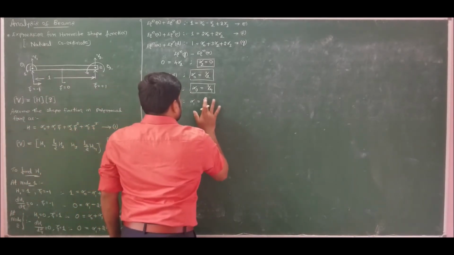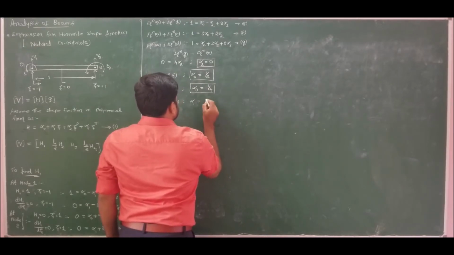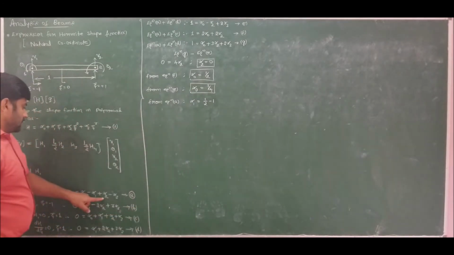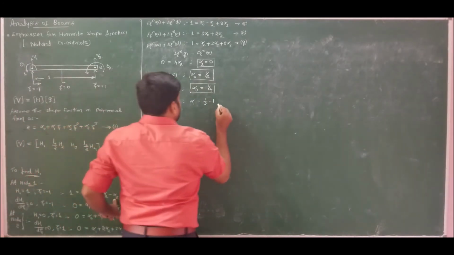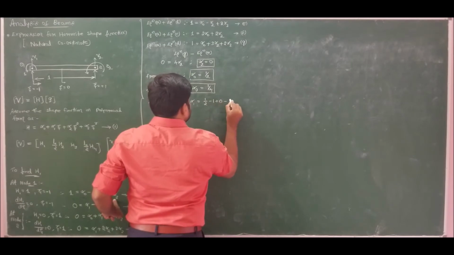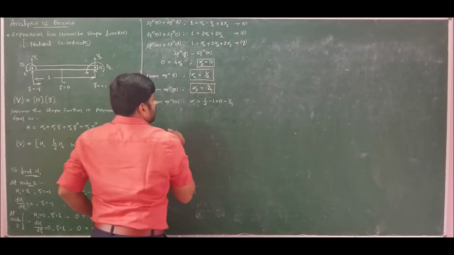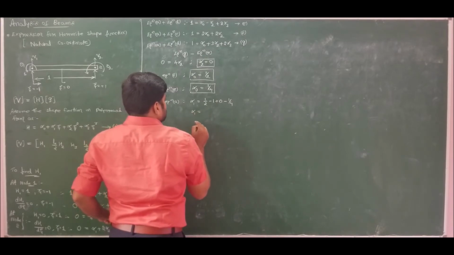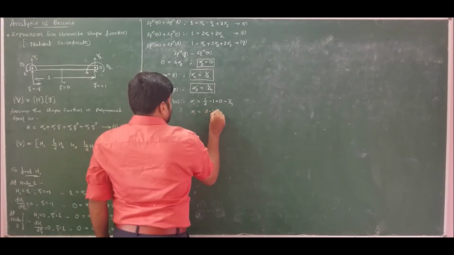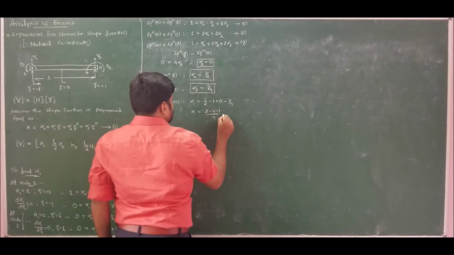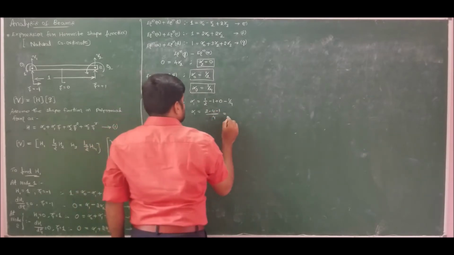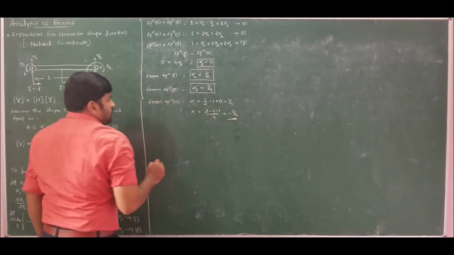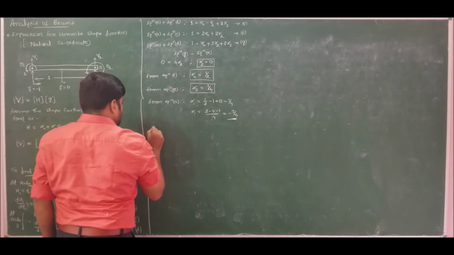So it is alpha naught is 1 by 2 minus 1 plus alpha 2 minus alpha 3, plus alpha 2 minus alpha 3 is 1 by 4. So therefore alpha 1 will be 1 by 2 minus 1 minus 1 by 4, which is nothing but minus 3 by 4.